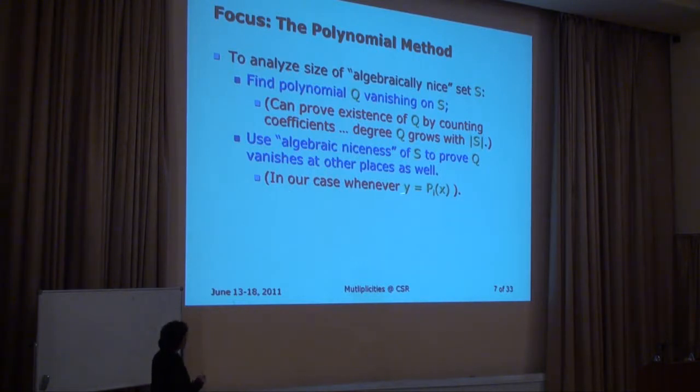So in our case, we claim that whenever y happens to equal pi of x, including the points in S, but also points outside of S which satisfy this condition, will be zeros of this polynomial capital Q. Okay? So Q was designed to be a low degree polynomial. It was supposed to vanish on some given set of points that were given to you, but because the set was nice, Q is 0 on many other places as well.